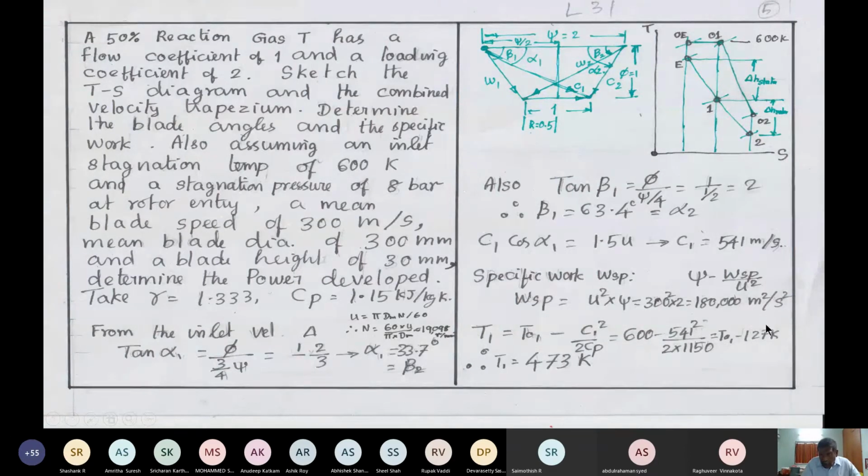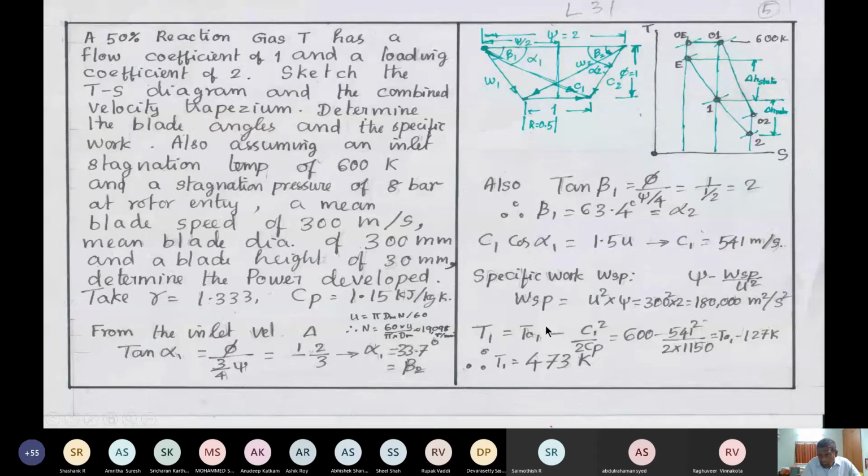Then for the other calculations, first we find out the temperature T1. T1 is not given, but T0 is known. The stagnation temperature is 600 K. Stagnation temperature at nozzle entry and nozzle exit are all the same.